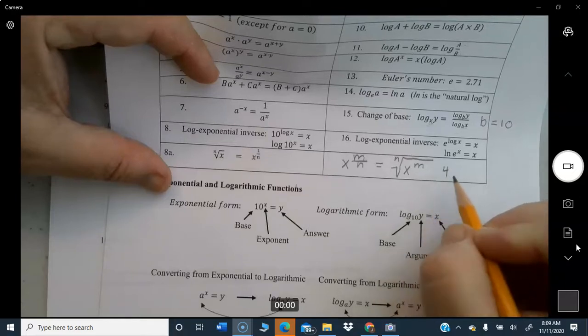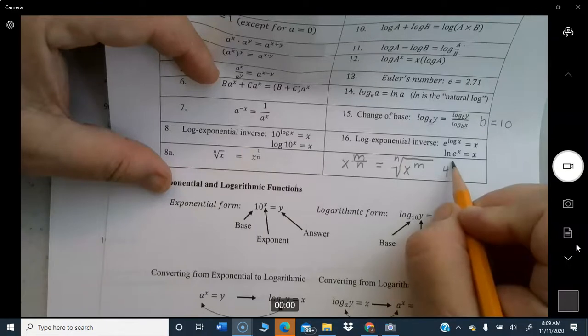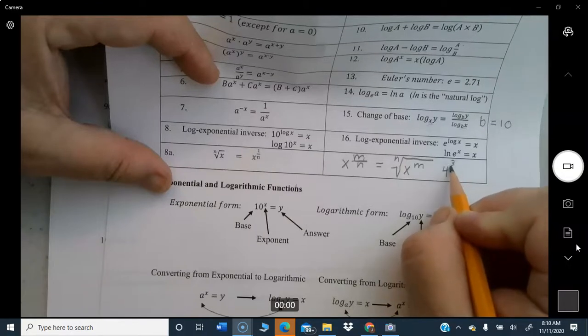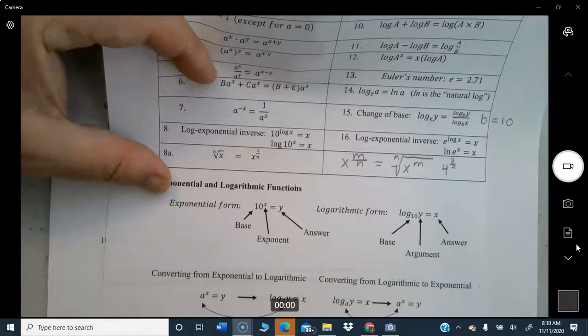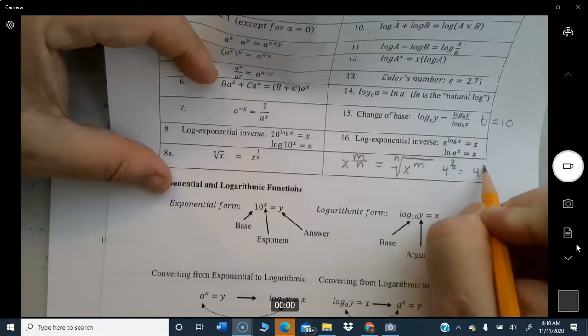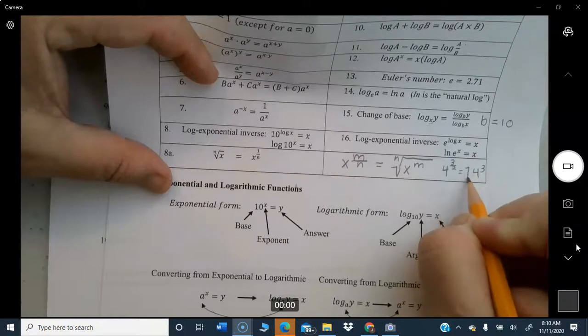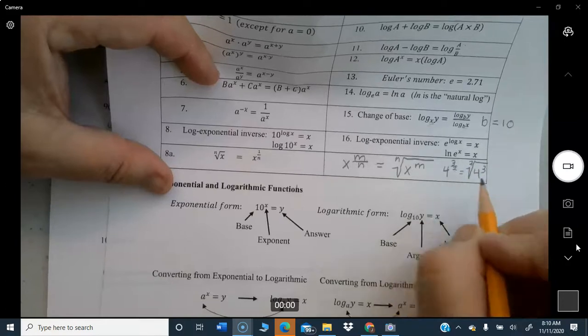There was an example in one of the earlier problems. 4 to the 3/2. Okay, we had that in the earlier problem. What that is equal to is 4 to the third power, and then you take the square root of it. You don't have to write the 2 there, but it's a square root.